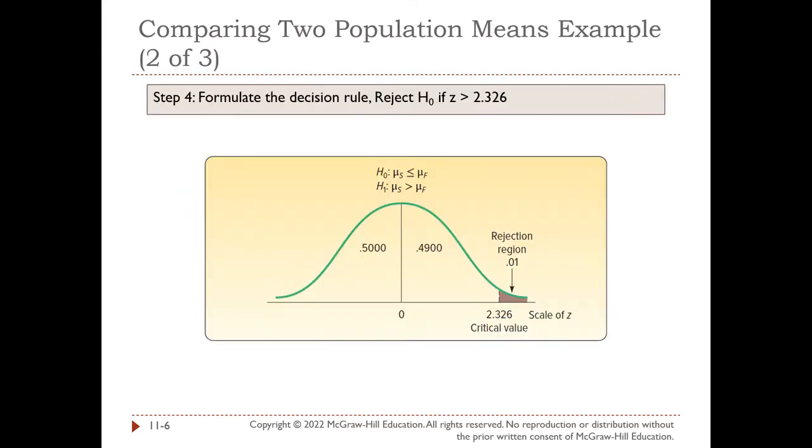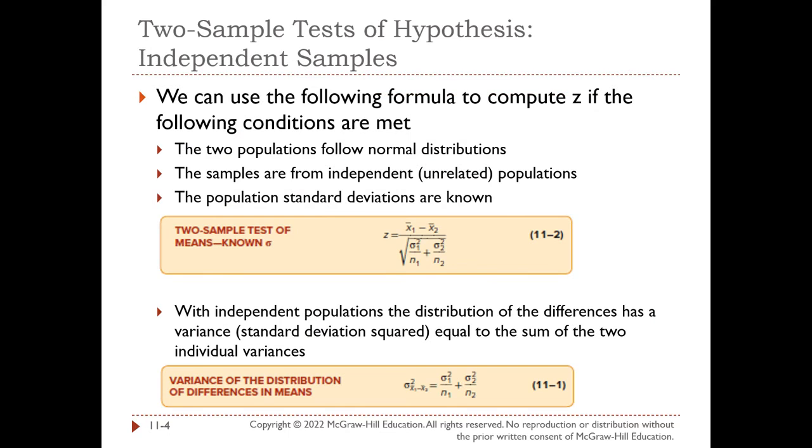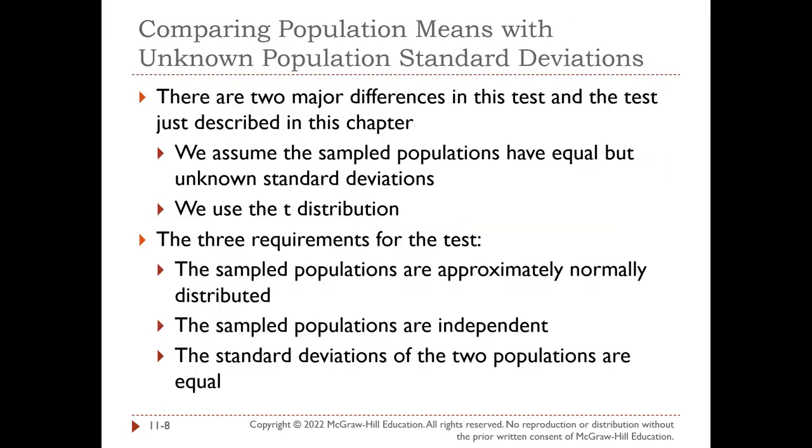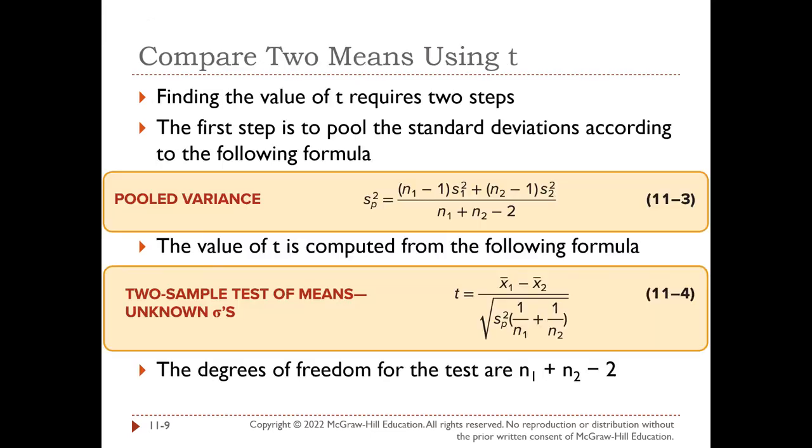So remember, the test right here is the 2 populations follow normal distributions, the samples are independent, and the standard deviations are known. Here, we have the standard deviations of the 2 populations are equal. Okay, so, you ready for the formula? If you're not, oh well, here it is.